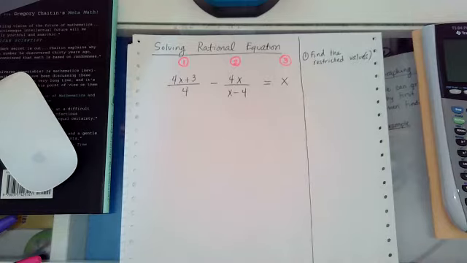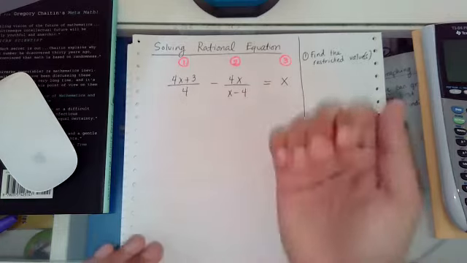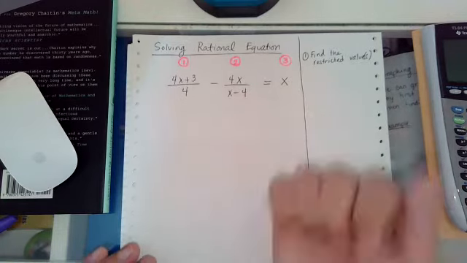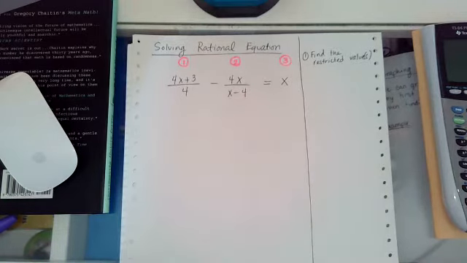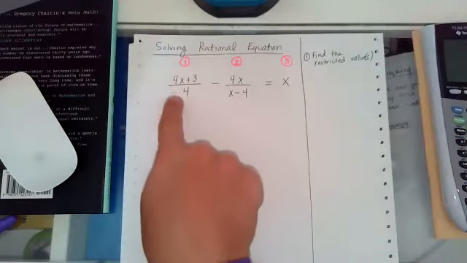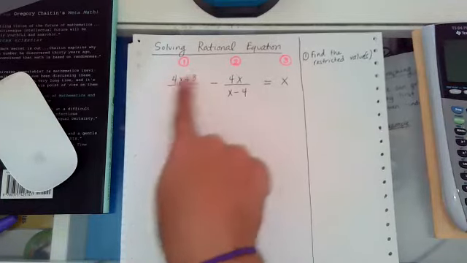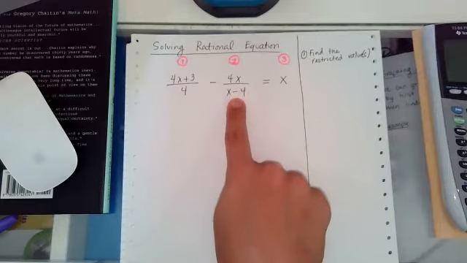And there may be more than one restricted value, or there may just be one. But what you're looking out for is whichever term has a variable in the denominator of the fraction, only in the denominator. Okay, so this fraction does not have a variable, does not have an x in the denominator. So I don't have to watch out for this one. The second term does.